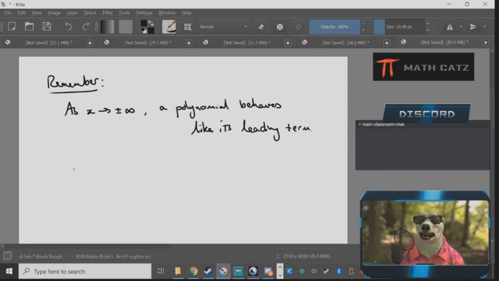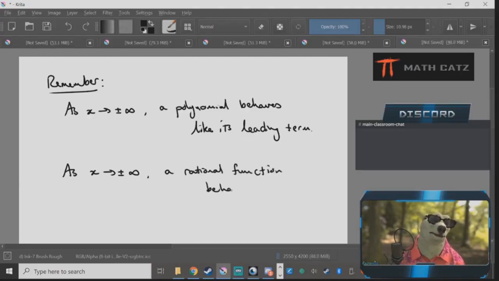So now I want to ask the same thing about rational functions. When I go far to the left or right, how does a rational function behave? That's the question. Now, it's really all good news, because a rational function is just made up of a couple of polynomials.